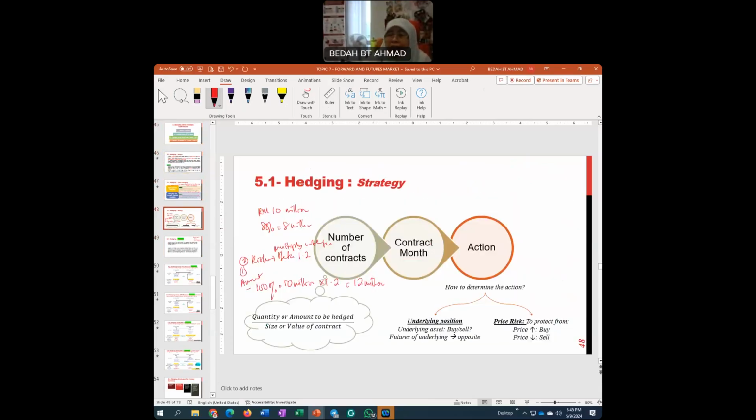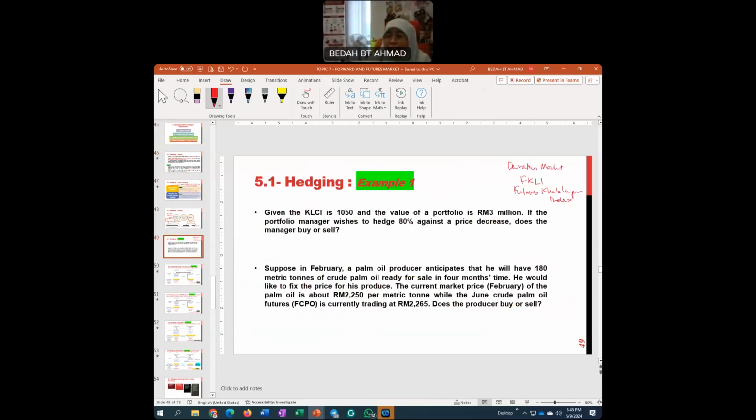And this one, the value is derived from the underlying asset, which is in the cash market. So the derivative market is the futures market, which is the FKLI, and the cash market is the index market, which is the FBM KLCI. So this is considered as the underlying asset in the cash market.